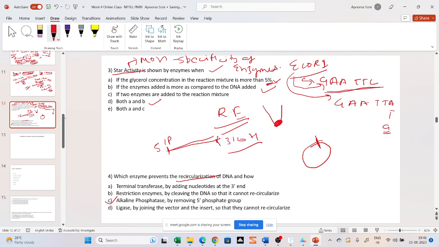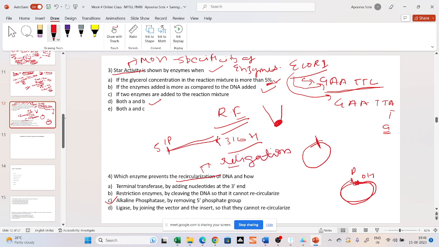When you cut with the restriction enzyme, here there is phosphate and here there is OH. Now there is a possibility that it will stick again and form a circle, it will religate. So recircularization means the religation of the vector molecule.